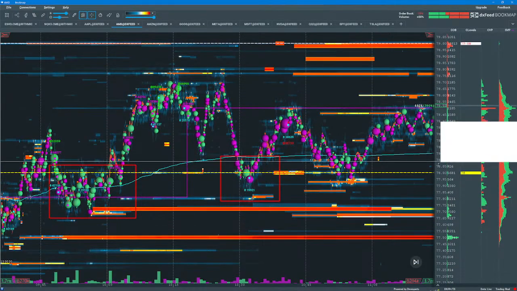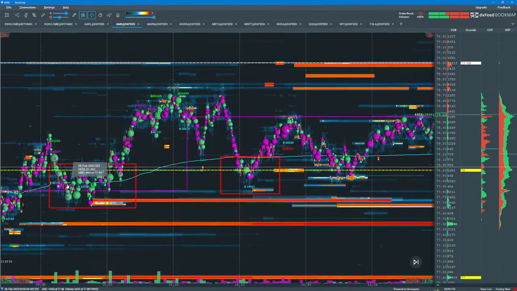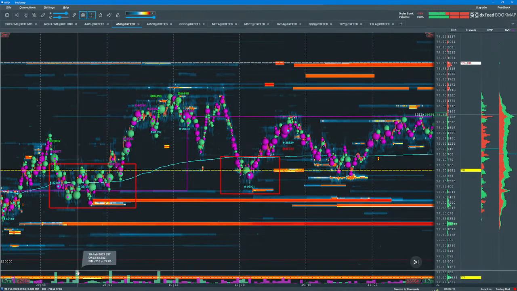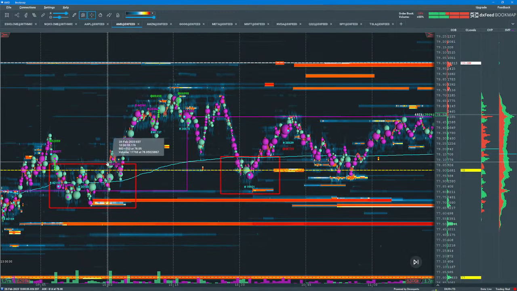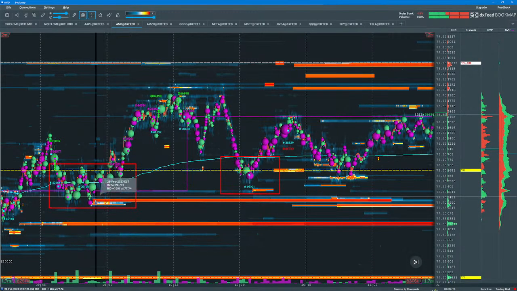And good order flow confirmation here. Notice all the green dots, all these green volume bars here. Aggressive buyers starting to come in here at this 77, 70, 75, 80 level.